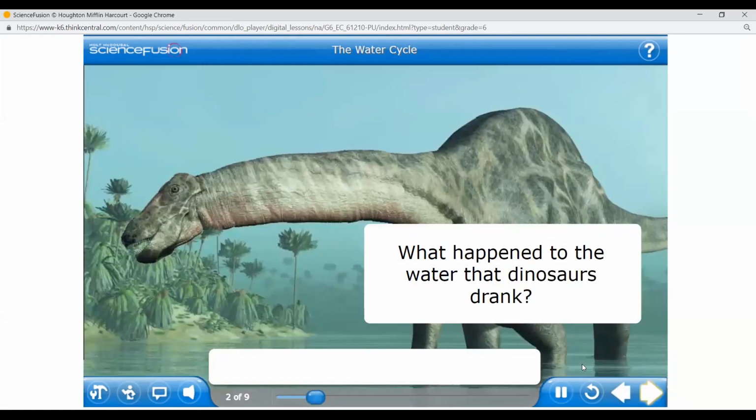The water cycle does not use up water. Water that dinosaurs drank 100 million years ago is still somewhere in Earth's water cycle today.